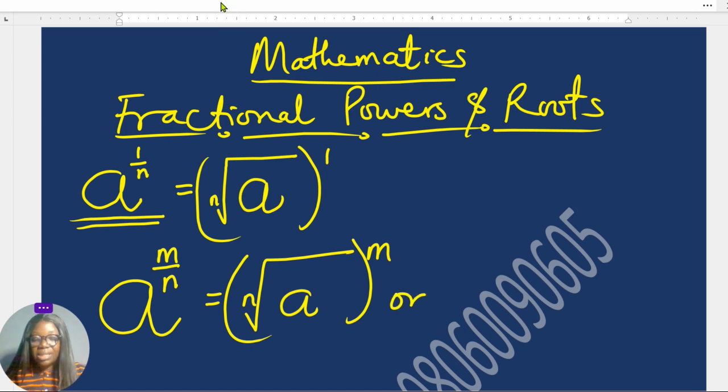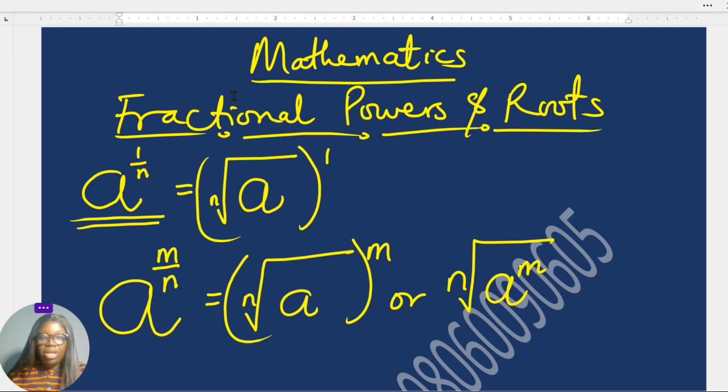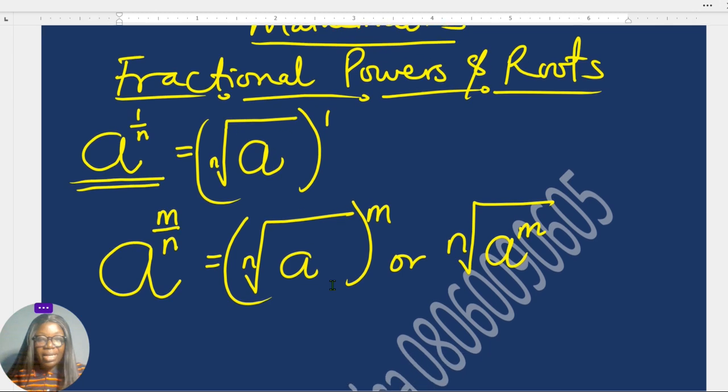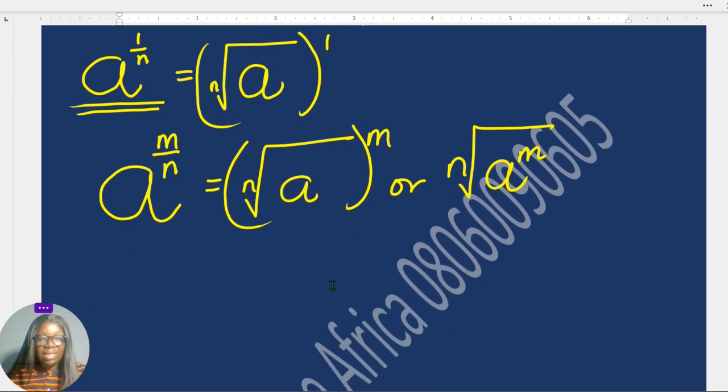Or you write it as n root a raised to power m. They look alike, so that is the same thing. So let us look at some examples so we'll be able to simplify questions like this. Let's look into some examples since we now have the rule.